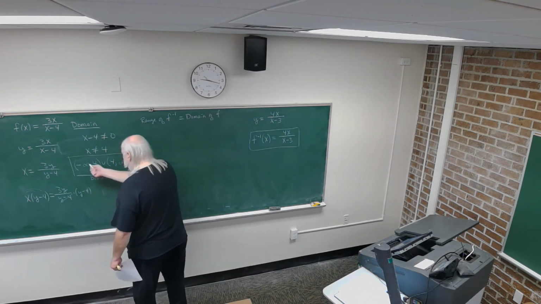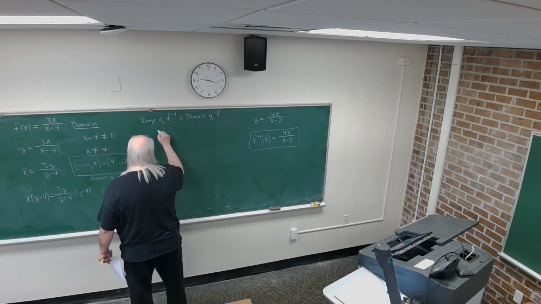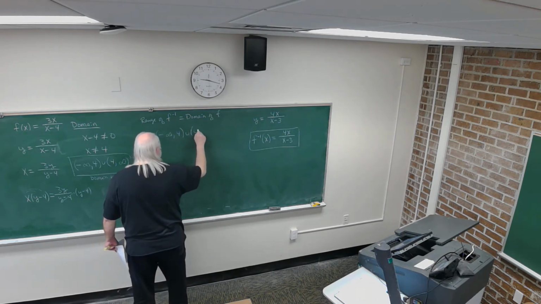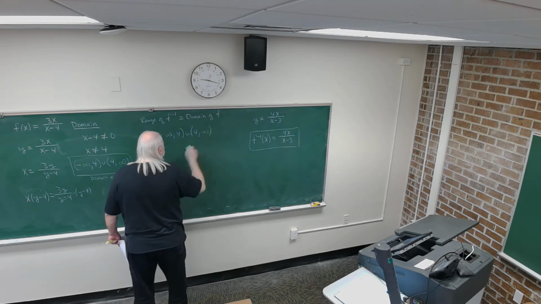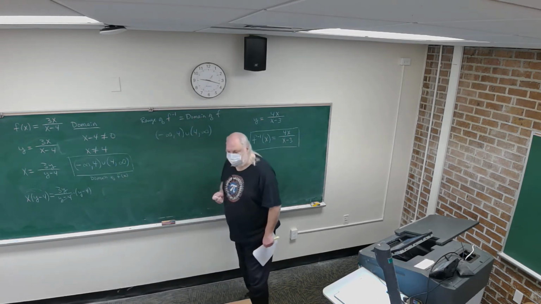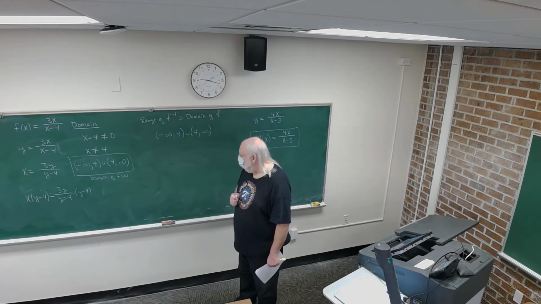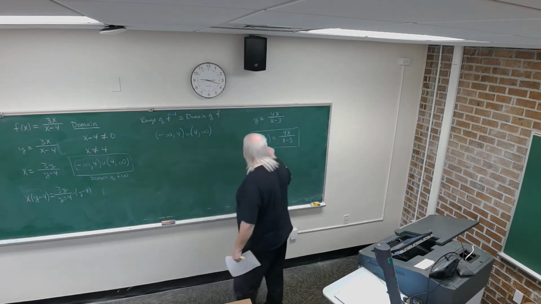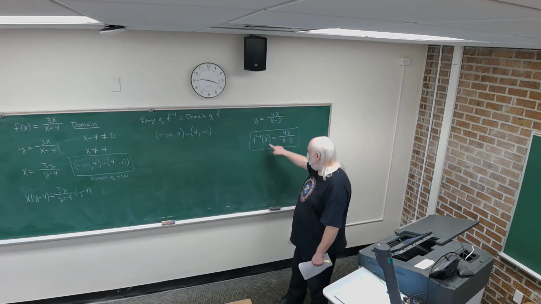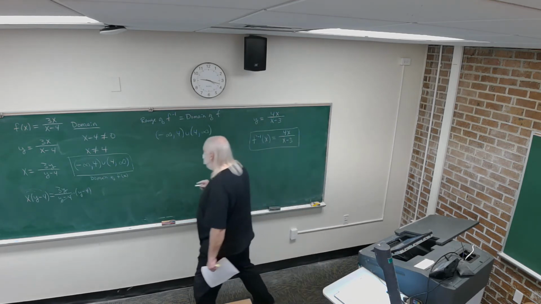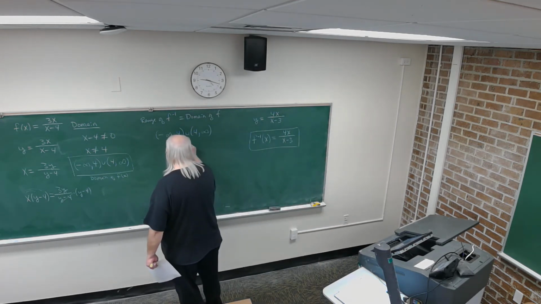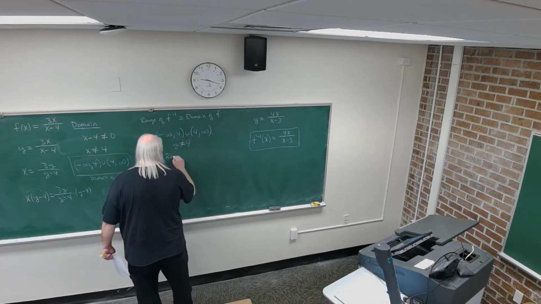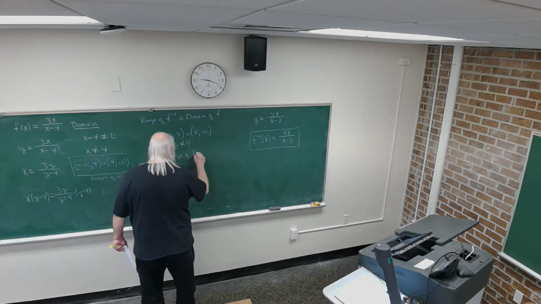Well, the domain of f is all real numbers except for 4. So that is the range of f inverse: all real numbers except for the number 4, except these numbers don't apply to x, the input variable. They apply to the output variable, y. So y can't equal 4 for the range of the inverse function.